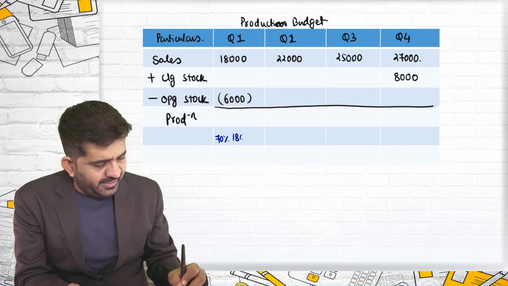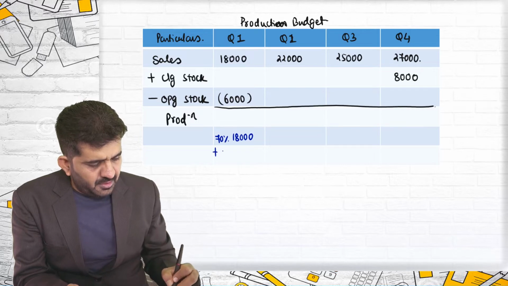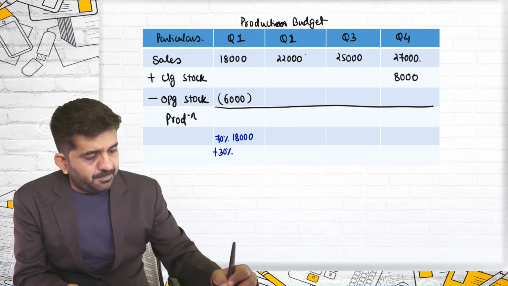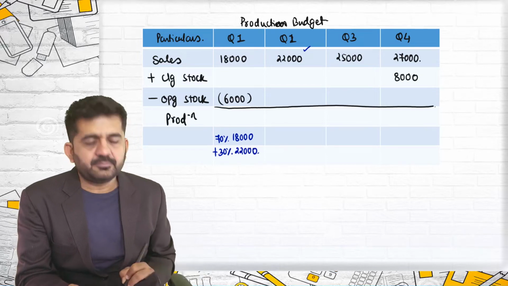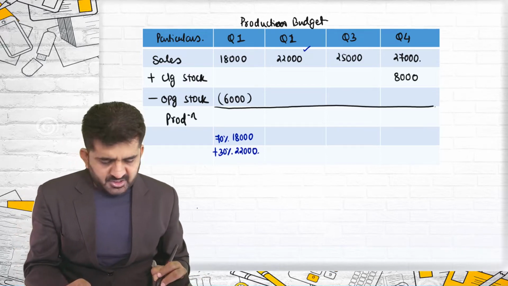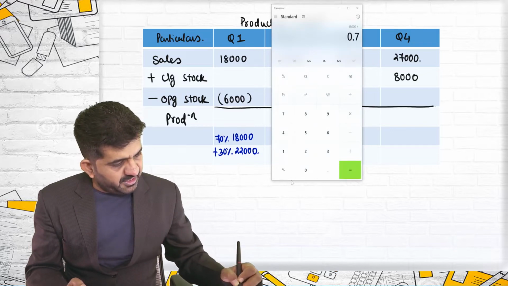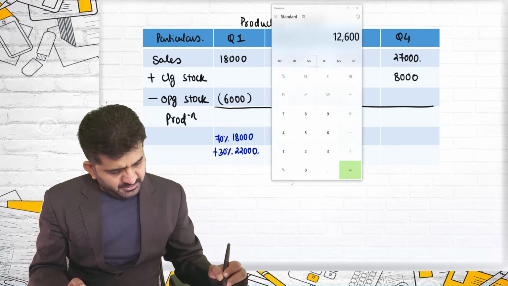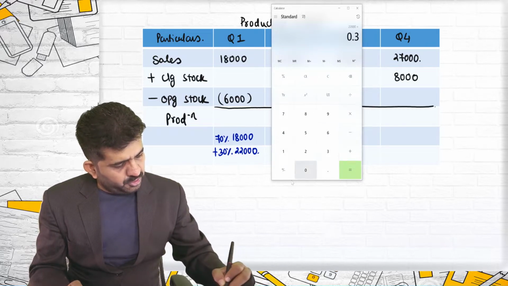70% of 18,000, that is current quarter's demand, plus 30% of next quarter's demand, which is 22,000. So how much production you will be doing is 18,000 into 70% plus 22,000 into 30%.